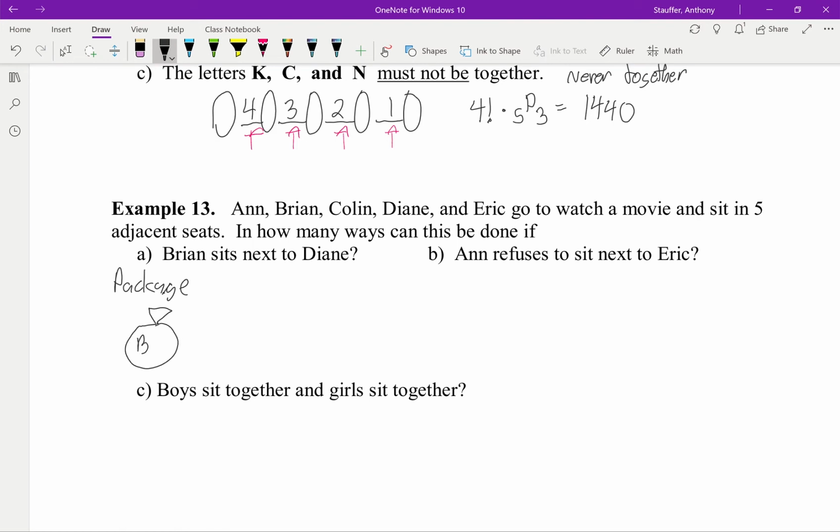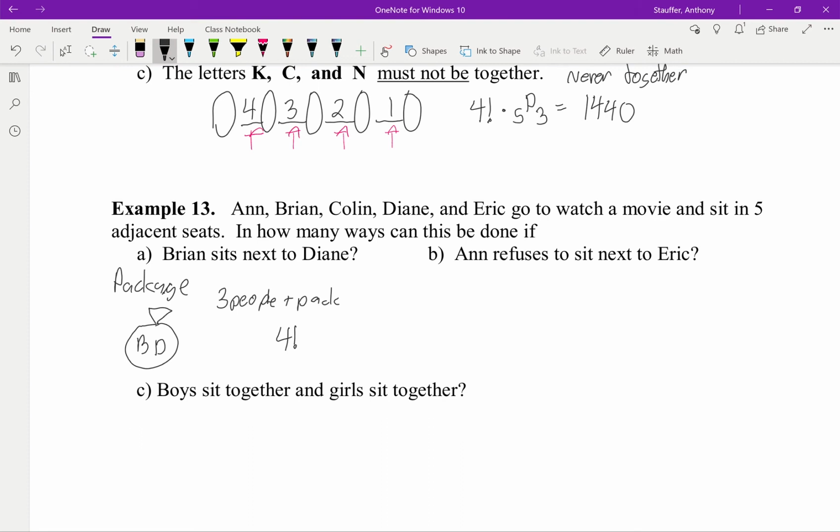I have Brian and I have Diane. From there, we have 3 people left. So that would give me 3 people plus the package, so that would be 4 factorial.